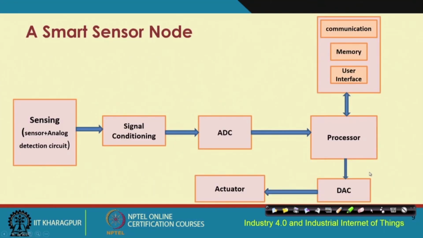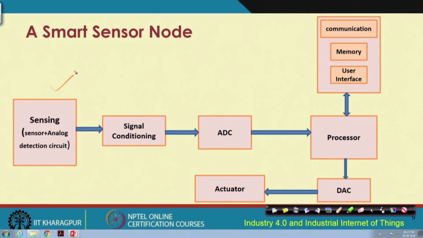So, let us look at the architecture of a smart sensor node. A smart sensor node has the sensing unit, which again has a sensor, an analog detection circuit, then there is this signal conditioning component, and this signal conditioner will basically do things like amplification, filtering of noise or filtering of different unwanted stuff and so on.